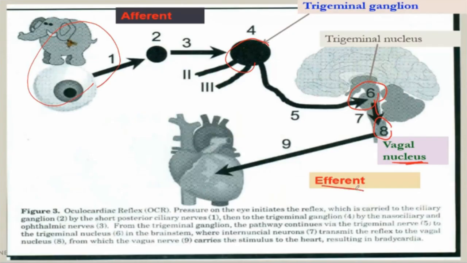This efferent pathway is through the vagus nerve. The vagus nerve will now stimulate the SA node, causing decreasing of the heart rate or bradycardia. I hope that this is clear now.